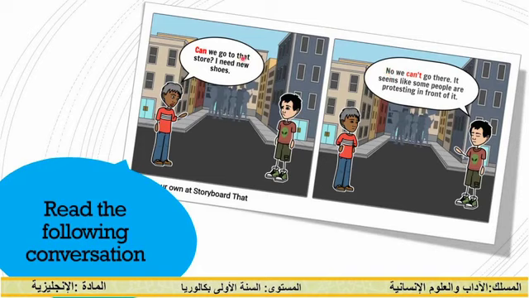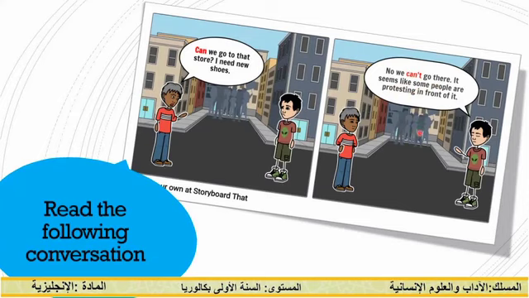So the question was, can we go to that store? He said, no, we can't go there. It seems like some people are protesting. Look, this is what we mean by protesting. It's a protest, okay? In front of it.